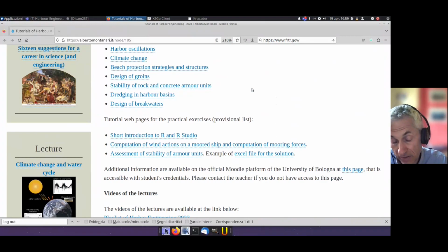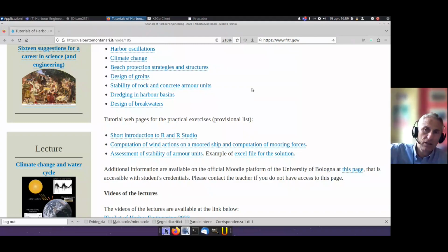On the other hand, this year I added material like Harbour oscillations to my study plan, to my list of topics, and therefore we don't have the time to look at these additional details of breakwater design. Actually, I don't think they tell you much more with respect to what Professor Archetti has already discussed with you. So I think we can stop here.